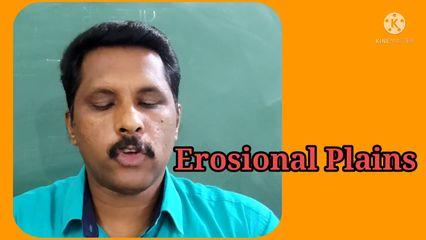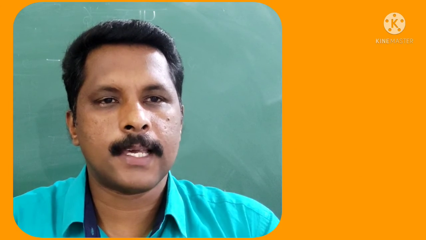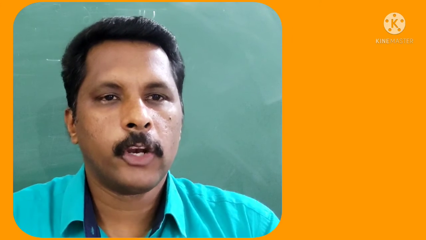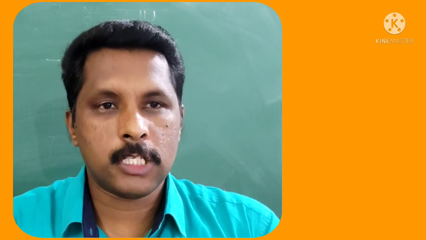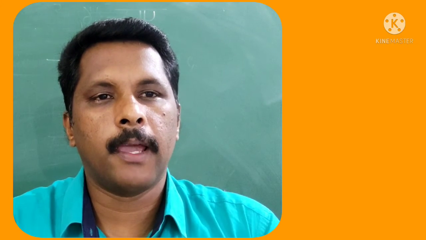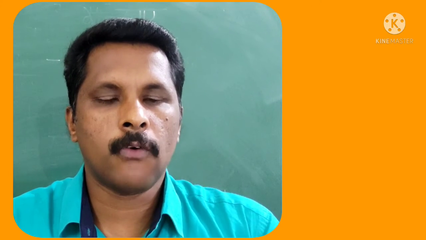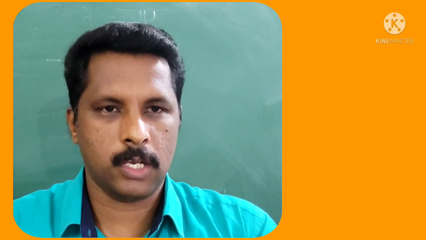Second one, erosional plains. The plains which are formed as a result of erosional activities are called erosional plains. What is erosion? The process by which the particles of soil are carried from one place to another by the forces of running water, wind, etc. is called erosion.